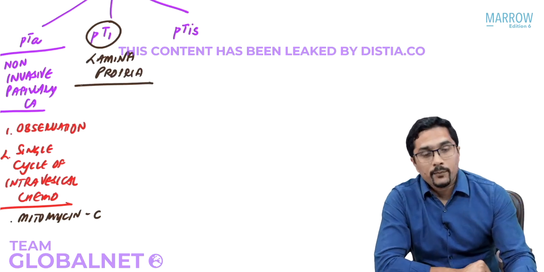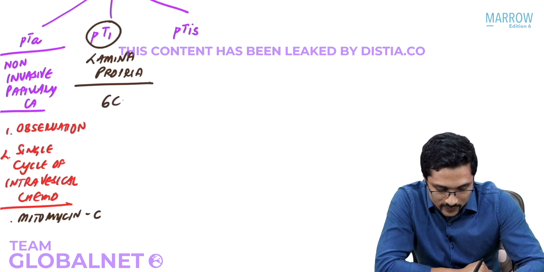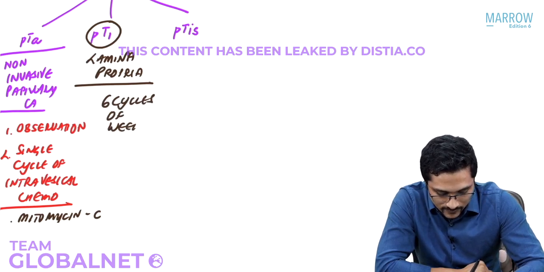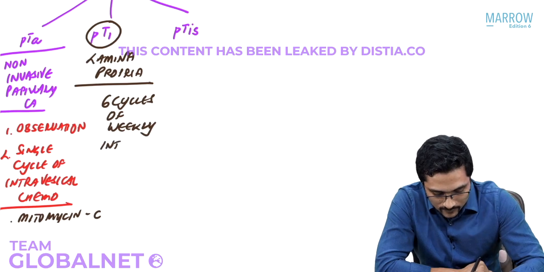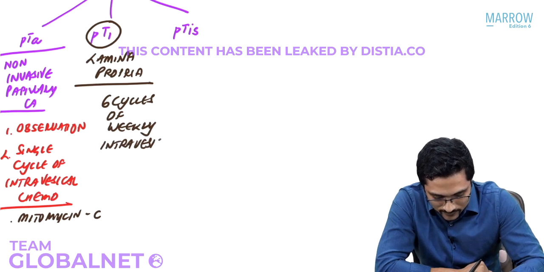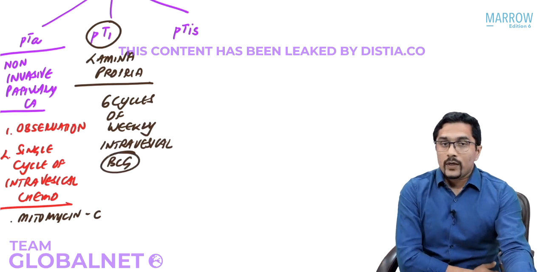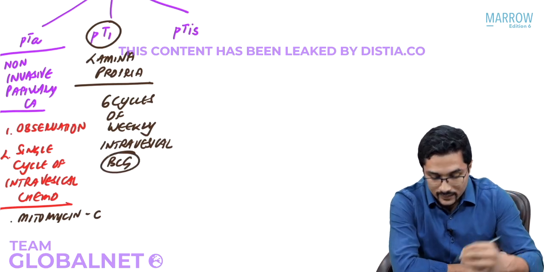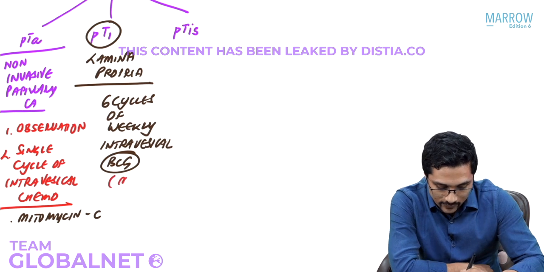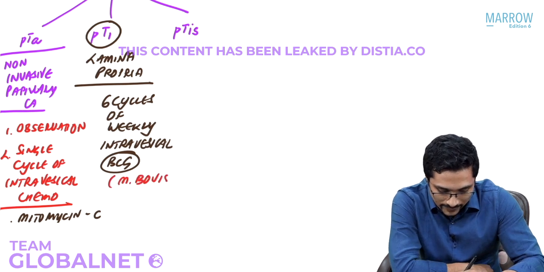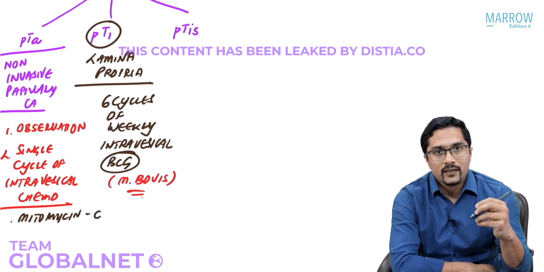PT1 is when the lamina propria is involved, and in these patients, the patient is going to get 6 cycles of weekly intravesical BCG. BCG, you know, is the tuberculosis vaccine. This is from Mycobacterium bovis, and this is given intravesically, right?